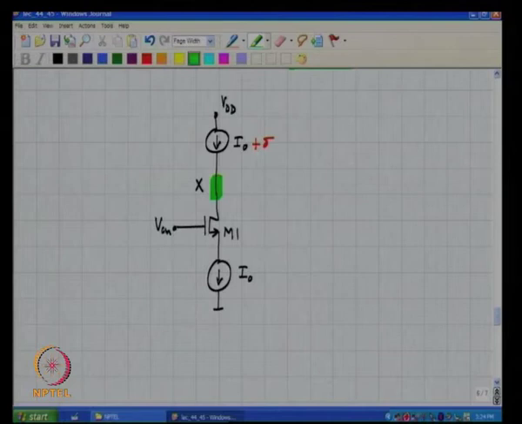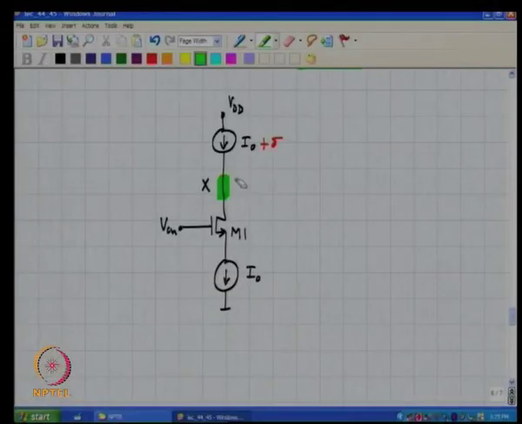the sole reason for this problem is that two current sources which are independent are attempting to control the potential of this node, right. And since the two of them are mismatched, which will happen in practice, the potential of node x either attempts to go towards infinity, or ground, or minus infinity, and will get limited to voltages which are close to VDD or ground, as the case may be.